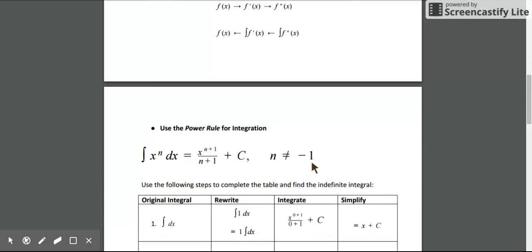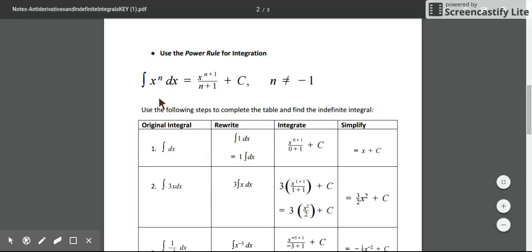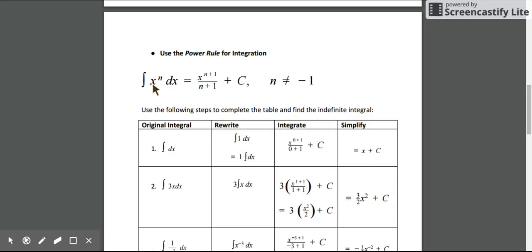There is one main rule for integrating. It's called the power rule of integration. And it's the inverse of the power rule for deriving. So if I take a function that's raised to a given power and I want to find the indefinite integral, I'm just going to add 1 to the power and then set the denominator equal to that new exponent value.